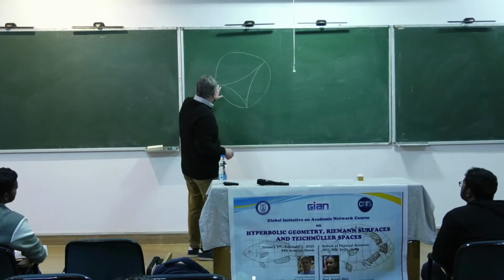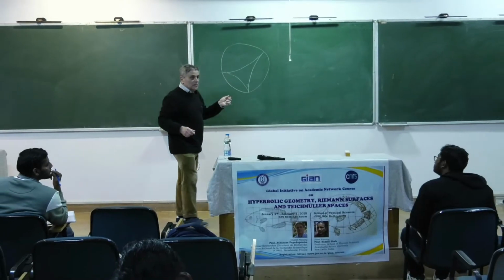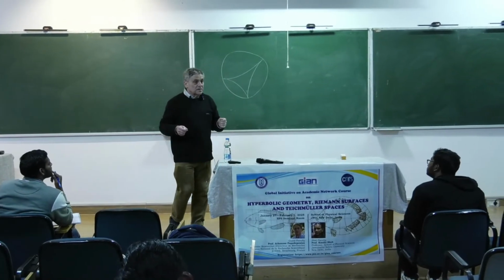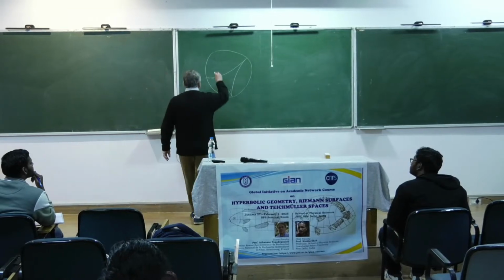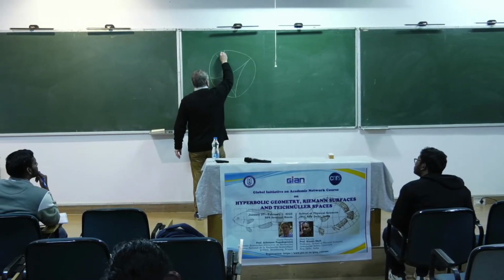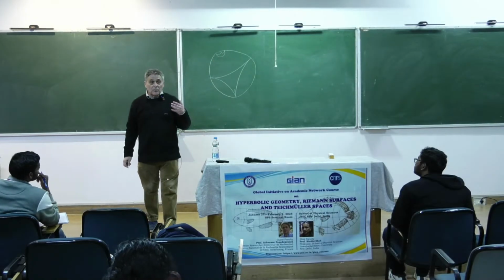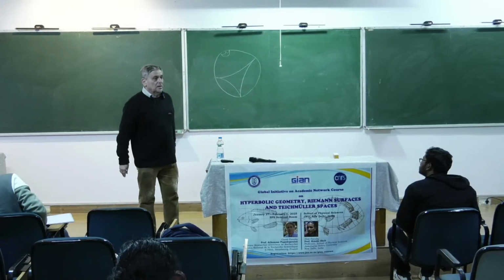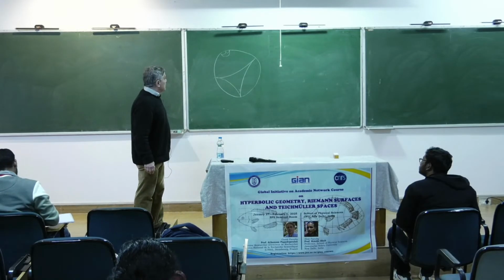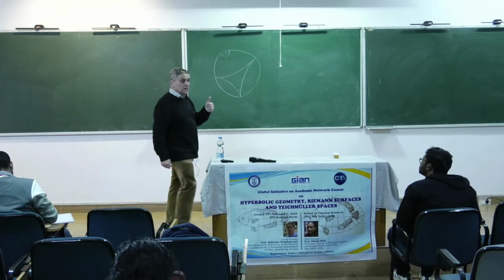This is because the three angles are zero, so there's only one triangle with three angles equal to zero, and so this one or this one here, they are all isometric. So when we work on one ideal triangle, we are working on any ideal triangle. The space of ideal triangles is only one point.